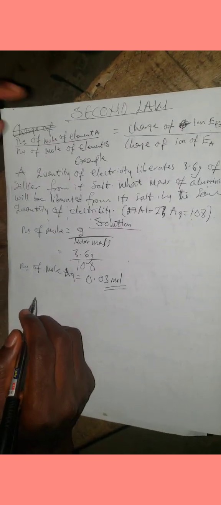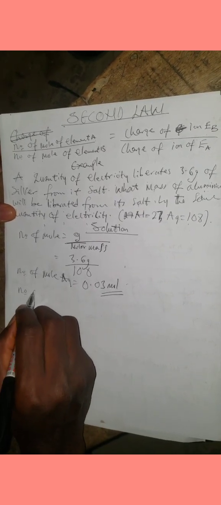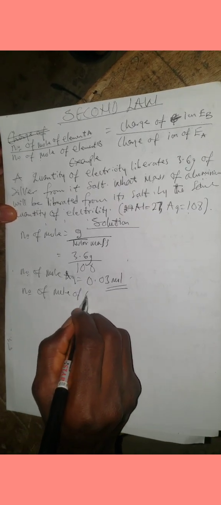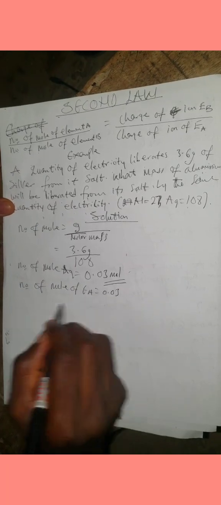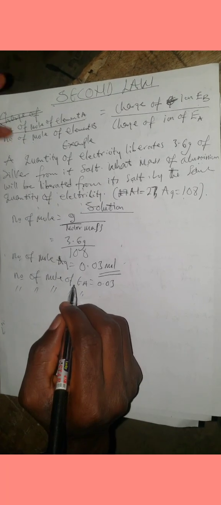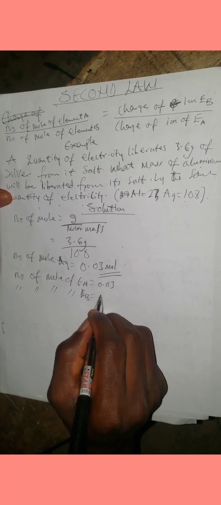Then you go back to the formula. Number of mole of element A, we can call that the one of silver. You already have it: number of mole of element A is 0.03. Number of mole of element B is not given, unknown.